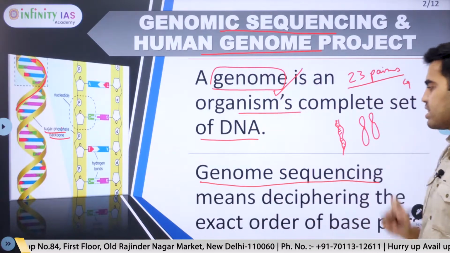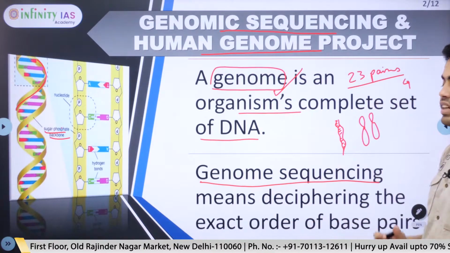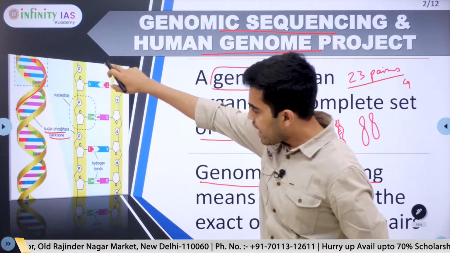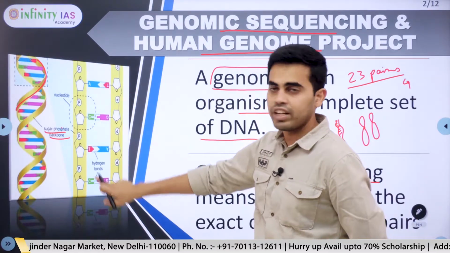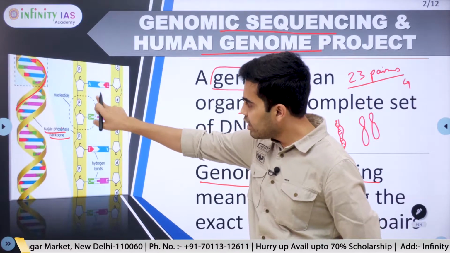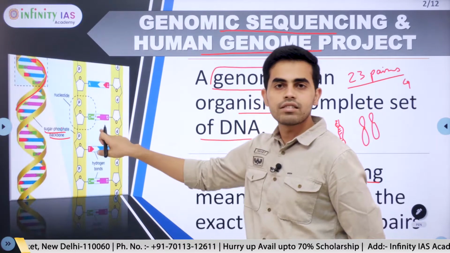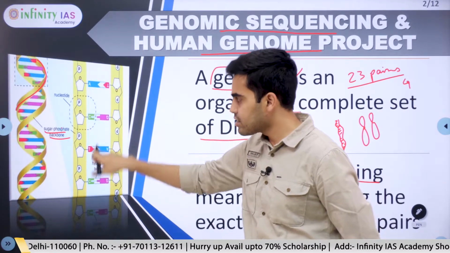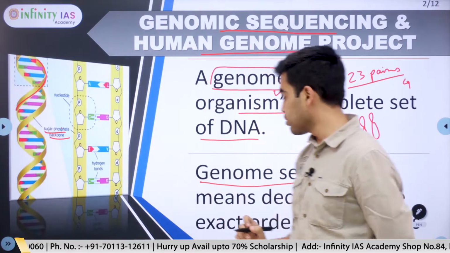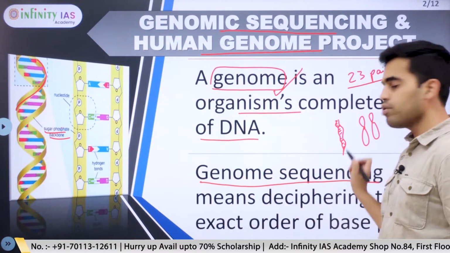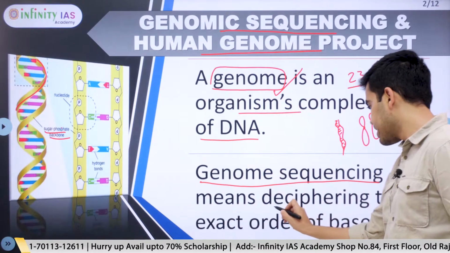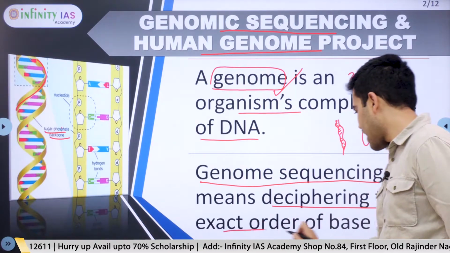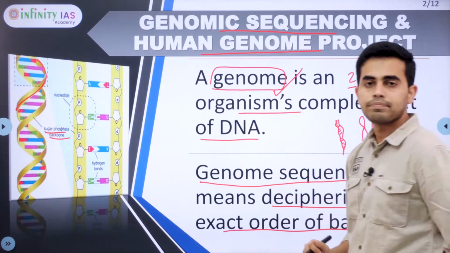So in genomic sequencing, what we essentially do is map the entire structure of DNA, as in we will particularly look into the sequence of nitrogen bases in the DNA molecule. Deciphering the exact order of base pairs.